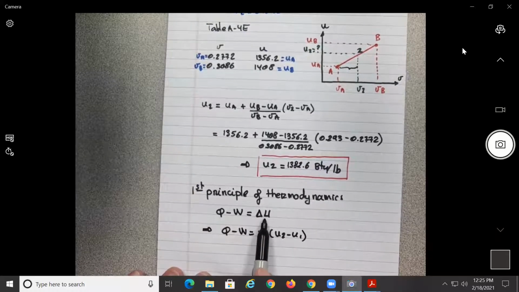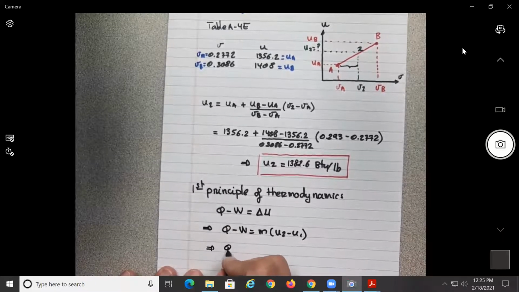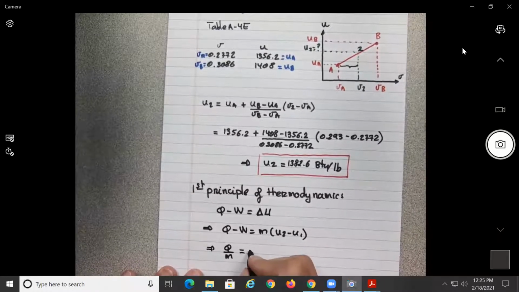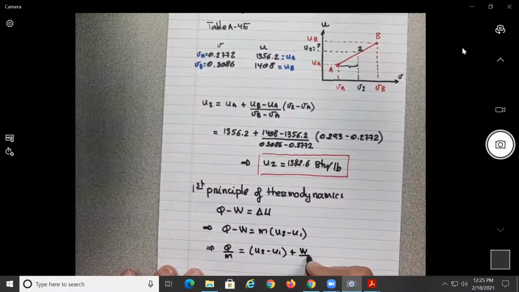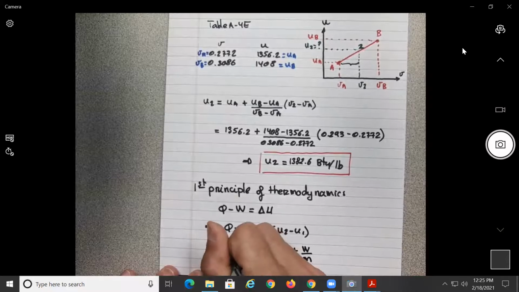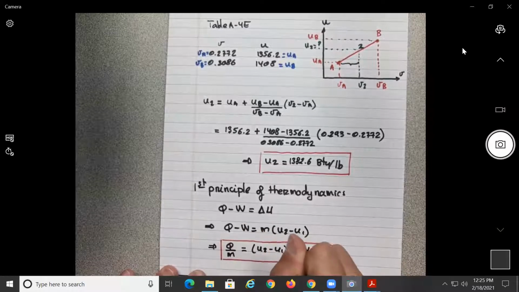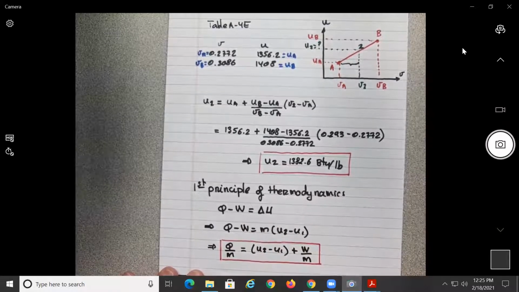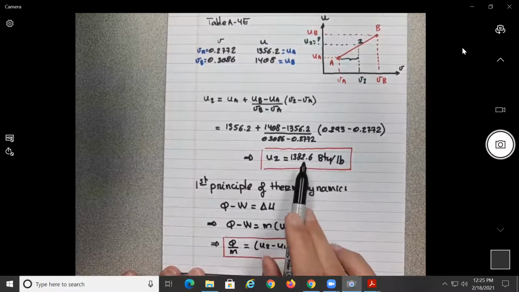So this is uppercase U, this is lowercase u for specific internal energy. If I divide everything by the mass, Q over M will be equal to U2 minus U sub 1 plus work over M. So we know U2 minus U1, correct? We just calculated it.